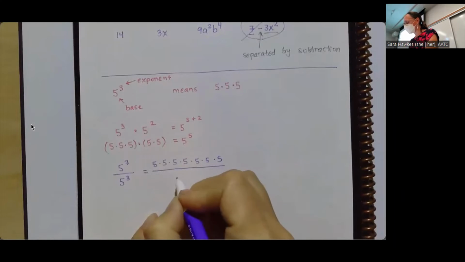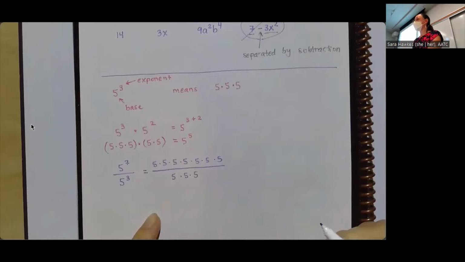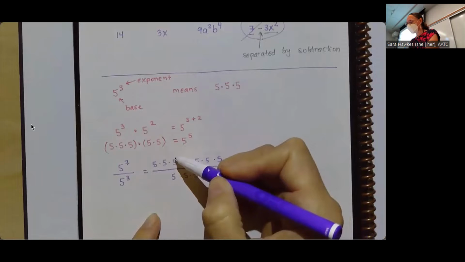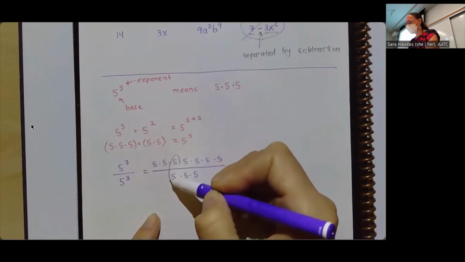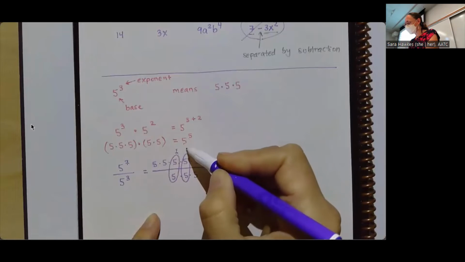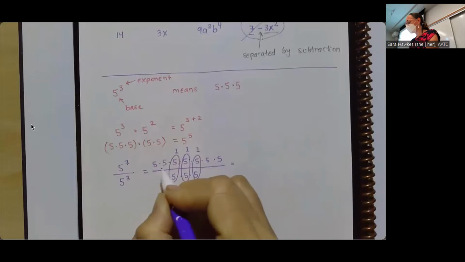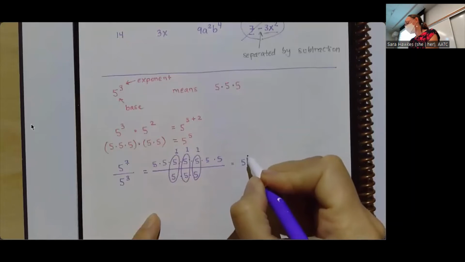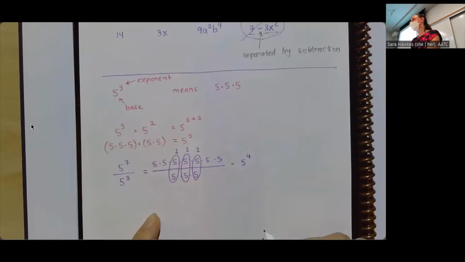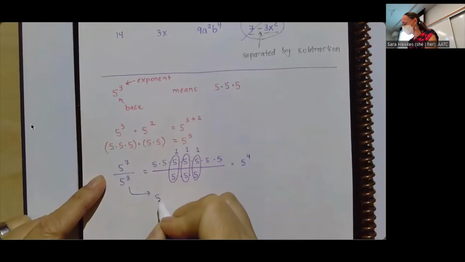And on the bottom, I've got 5 times 5 times 5, which means I can collect these together to be a 1, and I can collect these together to be a 1, and these together to be a 1. And I am left with 4 of those 5s on top. Or as an exponent rule, I can get there by saying this is 5 to the 7 minus 3.